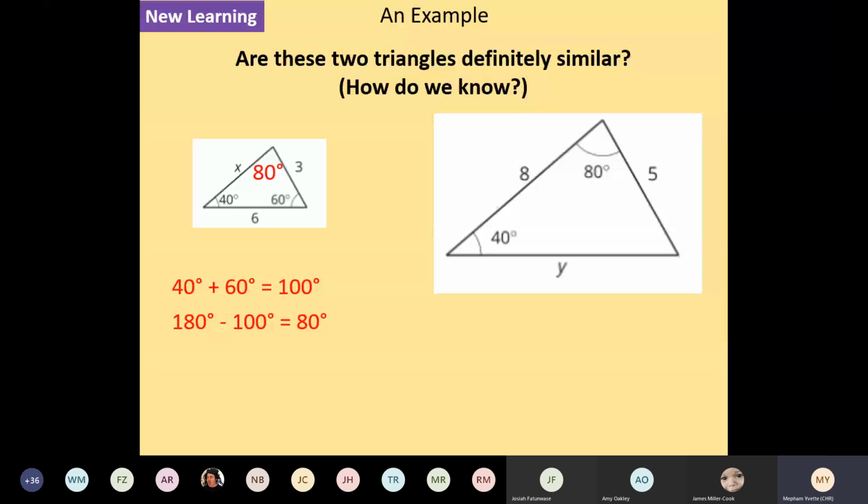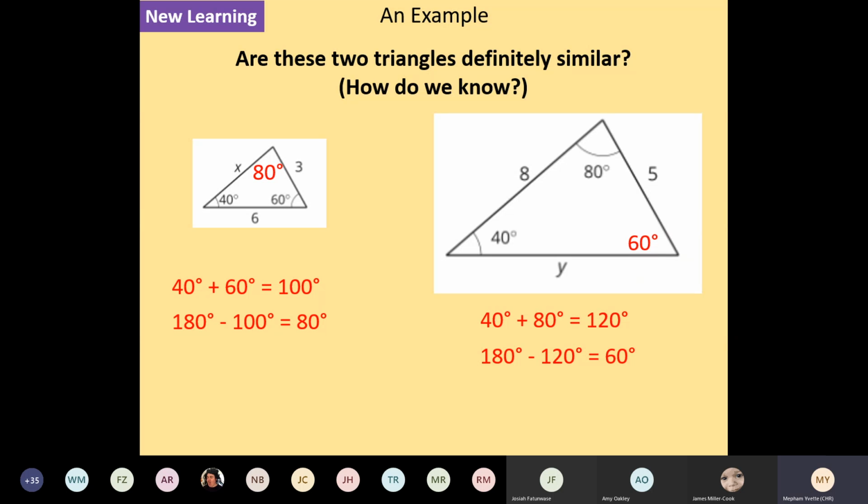Surprise. So in the right image, we can do 40 degrees plus 80 degrees, because those are the 2 angles we can see. We've got 120 degrees. And then we can do 180, take away 120, which is 60 degrees. And there you go. That's our missing angle there. Now, are these angles the same?